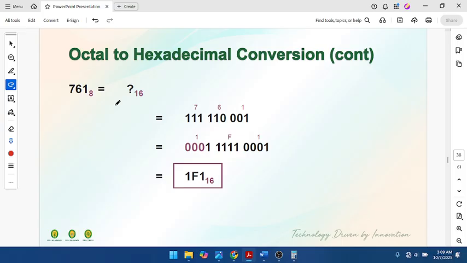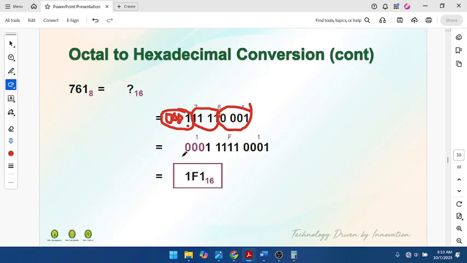So first, for 7 we have 1, 1, 1. For 6, we have 1, 1, 0. For 1, we have 0, 0, 1. To group into 4, 0, 0, 1 is the first group and 1, 1, 1 is the second group, and we have to append zeros to get one full group.